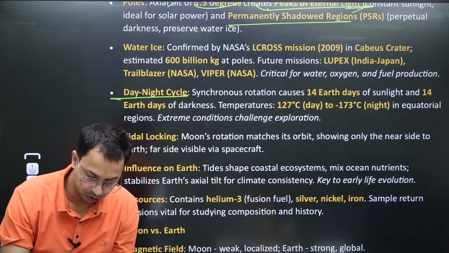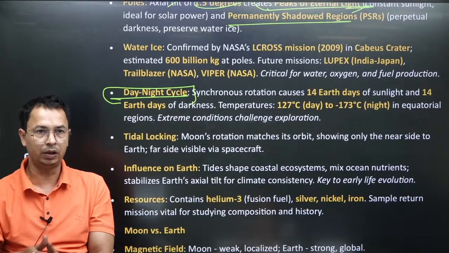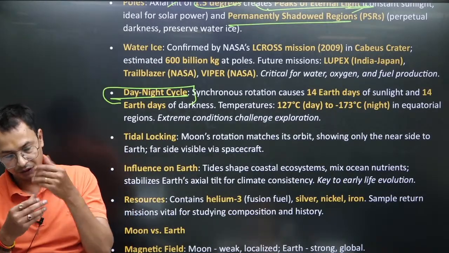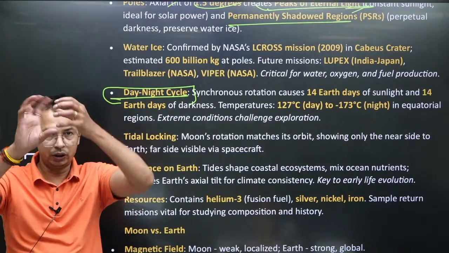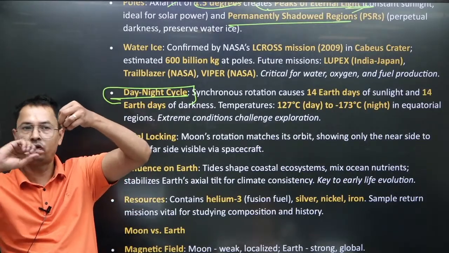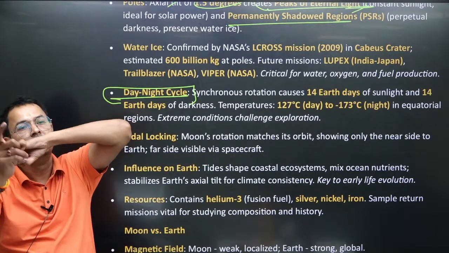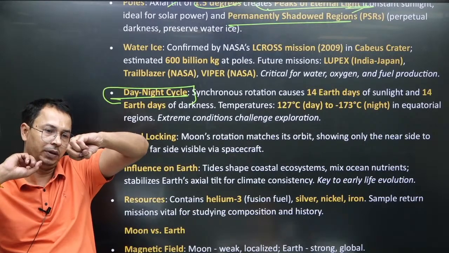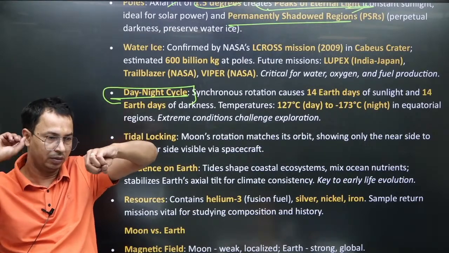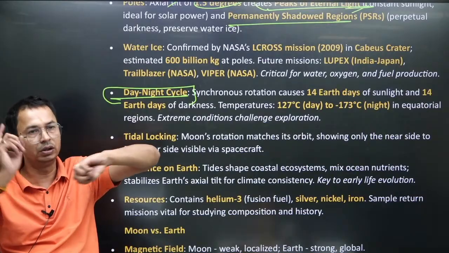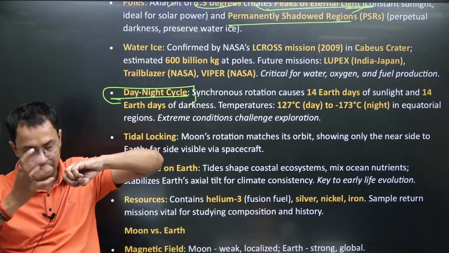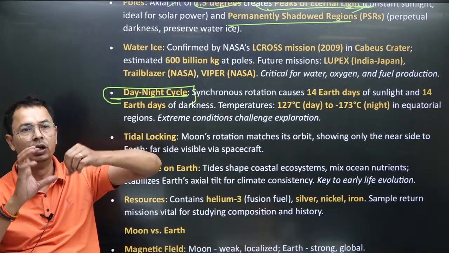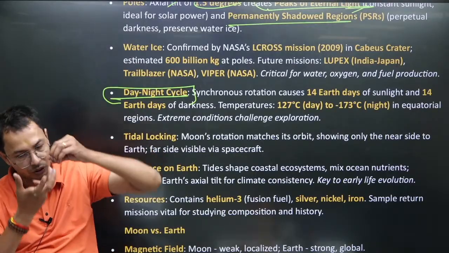And in the moon, because of the effect of tidal locking, the rotation speed of the moon is equivalent to the revolution speed of the moon. It means the moon completes one revolution around the earth in approximately 28 days, and the same time is taken by the moon to rotate around its own axis.